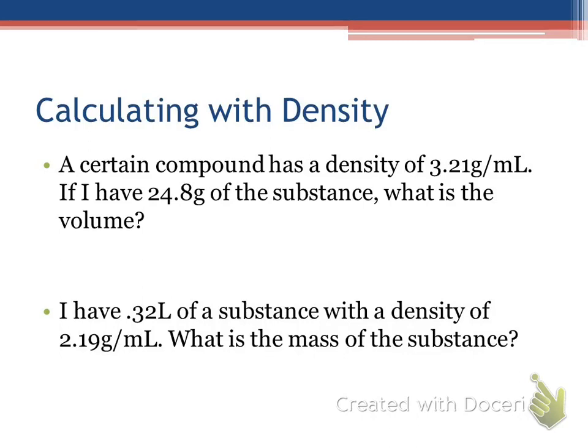There should be something that sticks out to you here. Liters. We can't use liters because our density is given in grams per milliliter. So this has to be converted before you can use it. Convert to milliliters. Okay, so please make sure you do that.